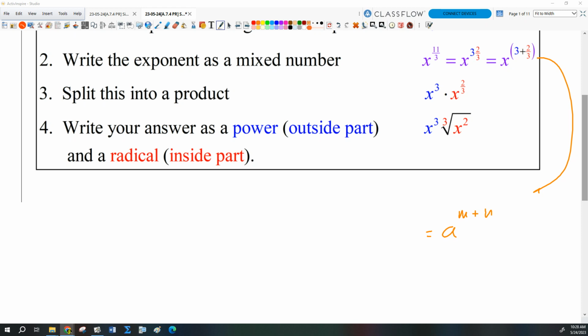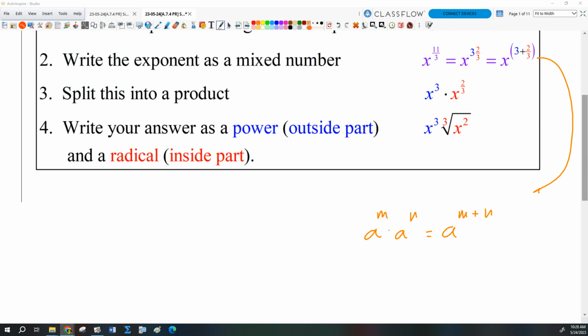When we multiply powers with like bases. We're going back to properties of exponents for a second, so this will look familiar. a to the m times a to the n is a to the m plus n, right? Because what's our rule? When you multiply powers with like bases, you add the exponents.